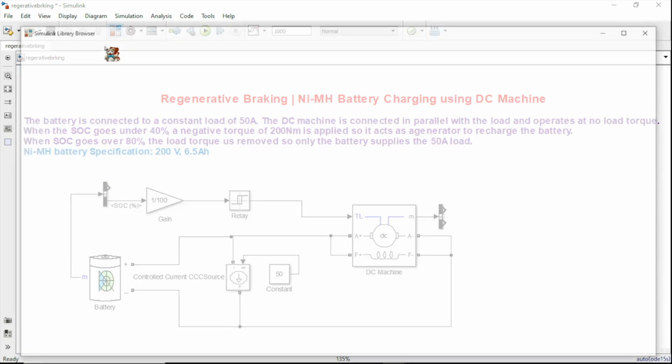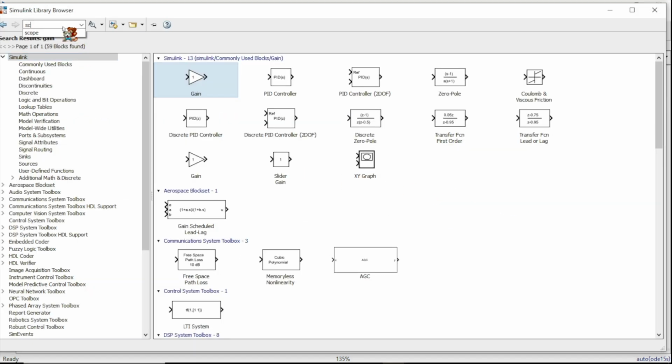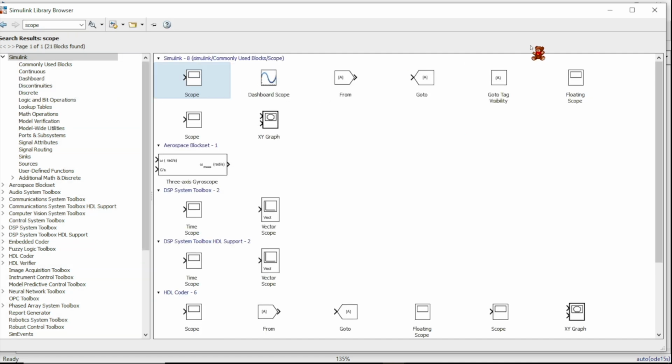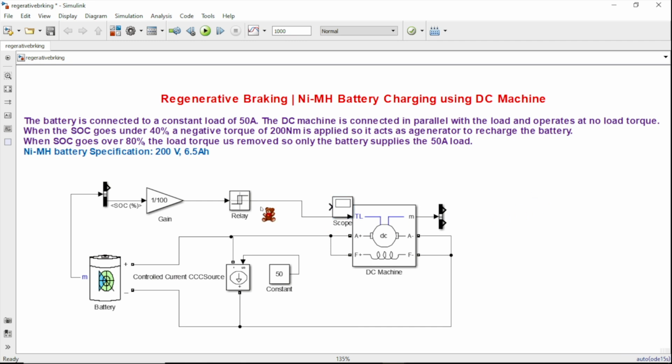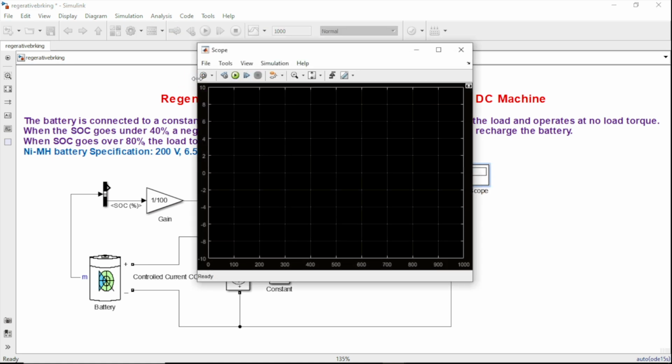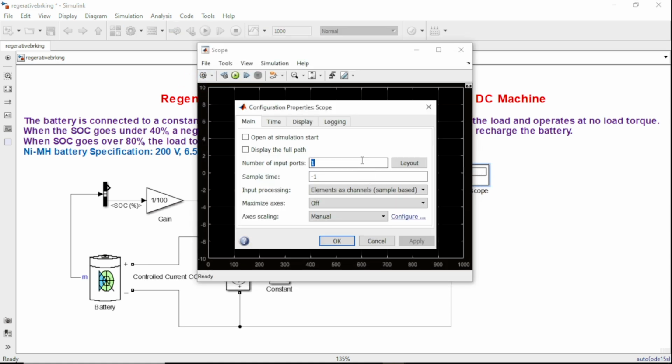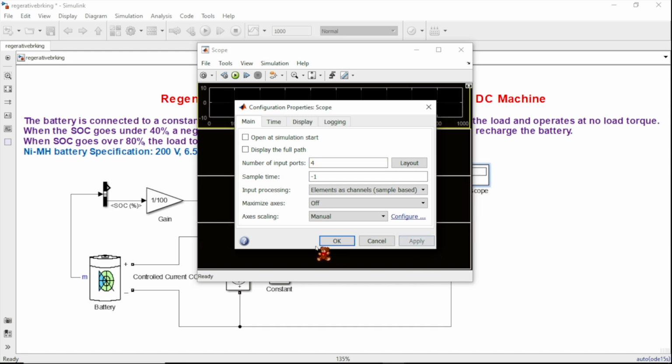Now I have to take the scope block to see the output. So I am taking the scope. So double click on it. As it is the 4 input, so I am taking the 4 input. Okay, so just apply.